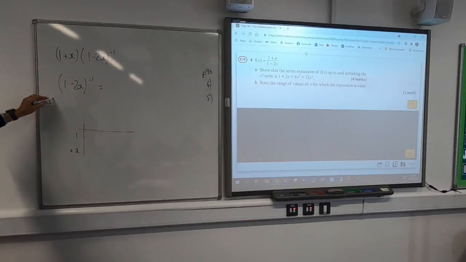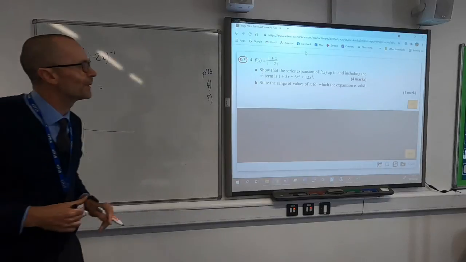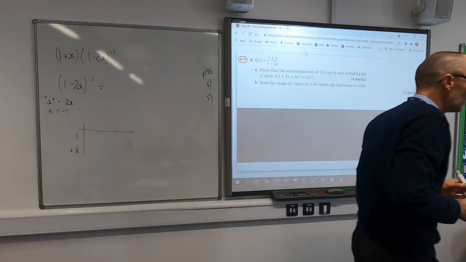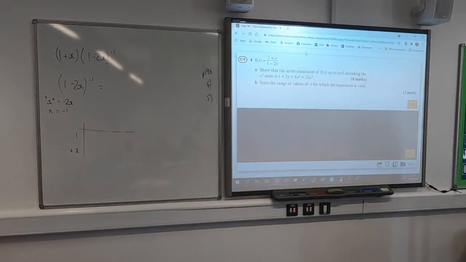X is minus 2x, be aware, and n is minus 1. We're asked to expand up to the x cubed term, and they even give you the answer. And the fact there are no fractions in the answer will make you feel nice. When n is minus 1, this is a whole lot easier.